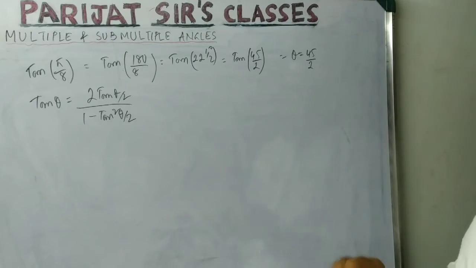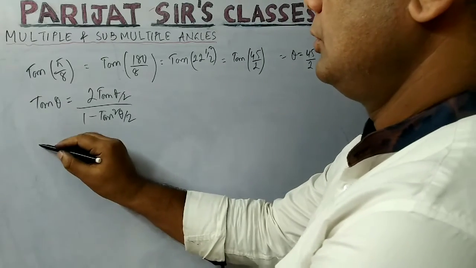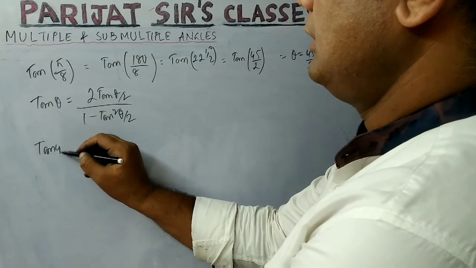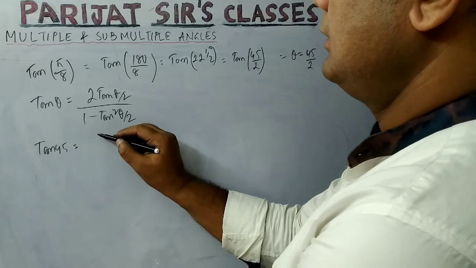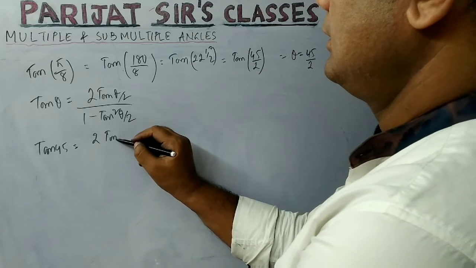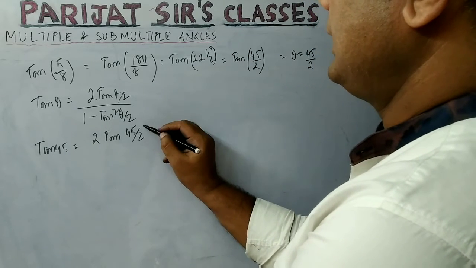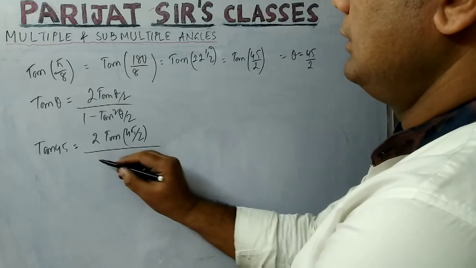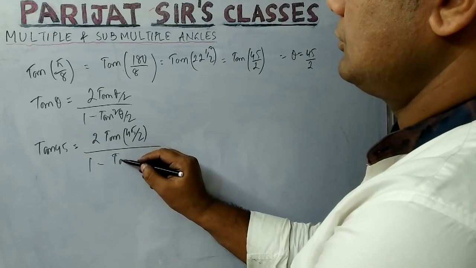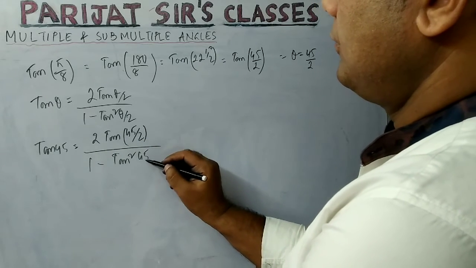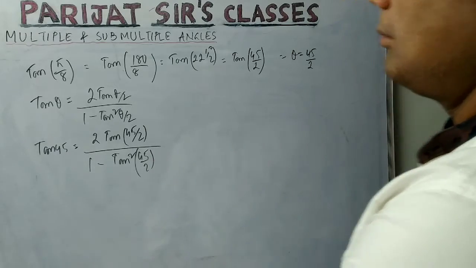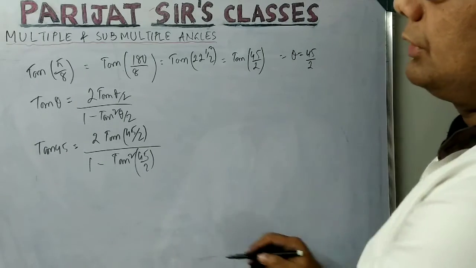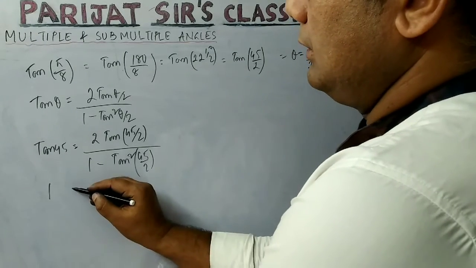Let us assume theta is 45 by 2. Hmm, rather, let theta be 45, so tan 45 is 2 tan (45 by 2) by (1 minus tan square (45 by 2)). Okay.